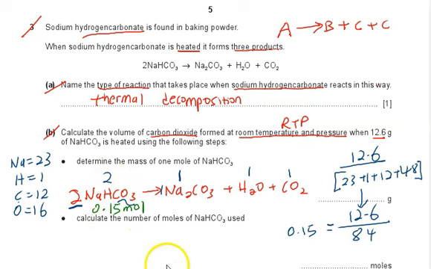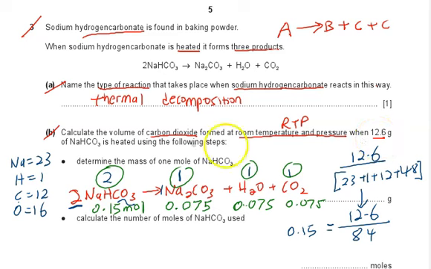So we have to use the ratio. 2 is equal to 0.15. So if there is 1, everything here will be equal to 0.075.